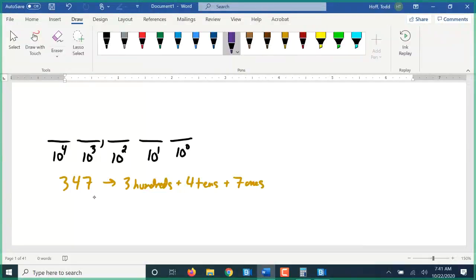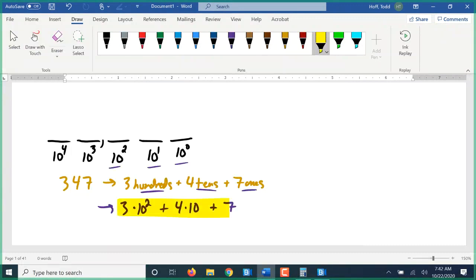Well, an alternative way of writing it out rather than using the words is to use the powers of 10 like I did up here in my place values. So 3 100s can be written as 3 times 10 squared, plus 4 10s can be just written as 4 times 10. 10 to the 1 is just 10, so I don't need to put that 1 there. Plus 7 1s would be 7 times 10 to the 0. Typically, we just put 7 there. We don't have to put times 10 to the 0 or times 1.